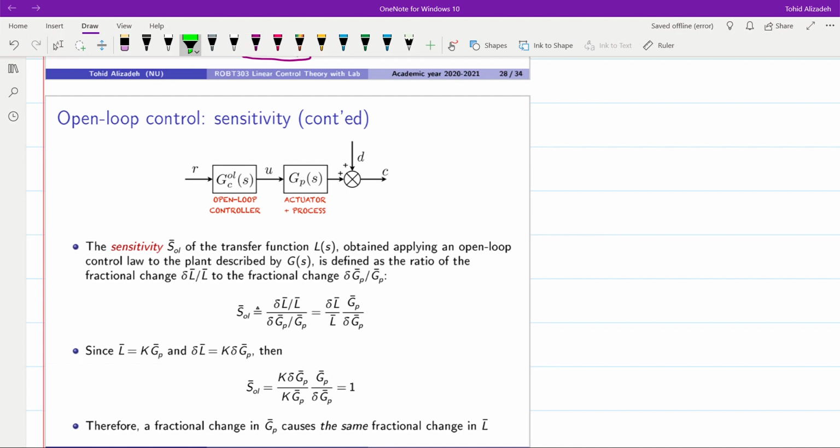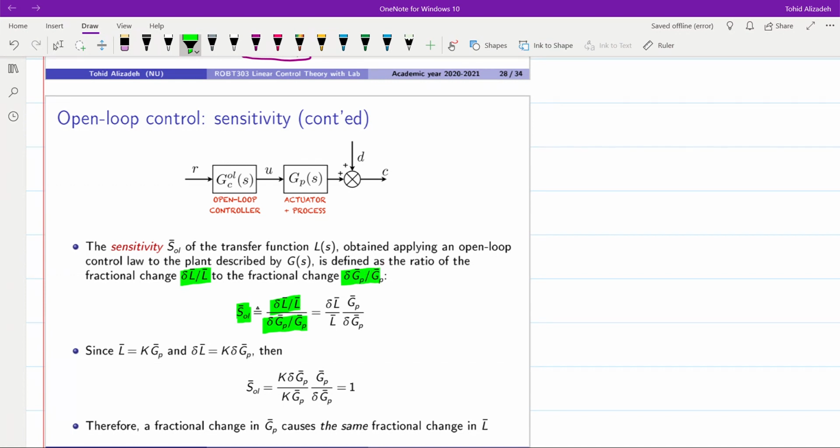So S bar OL for open loop is defined as delta L bar over L bar over delta GP bar over GP bar. It's indeed the ratio of the fractional change delta L bar over L bar to the fractional change of delta GP bar over GP bar.